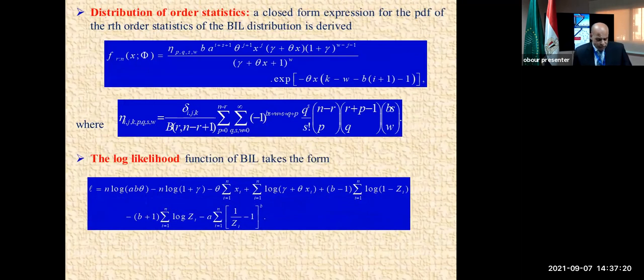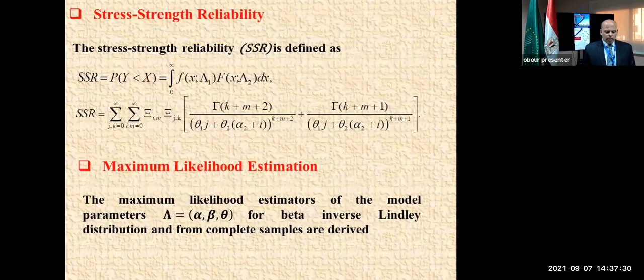We estimated the parameters of the probability distribution using the log likelihood function. That's the equation of it. And the equation of stress strength reliability is given, with maximum likelihood estimation of the model parameters for the beta inverse Lindley distribution for complete sample data.